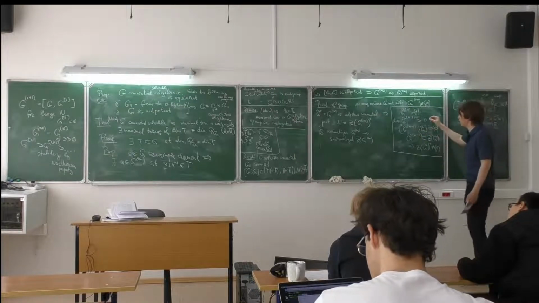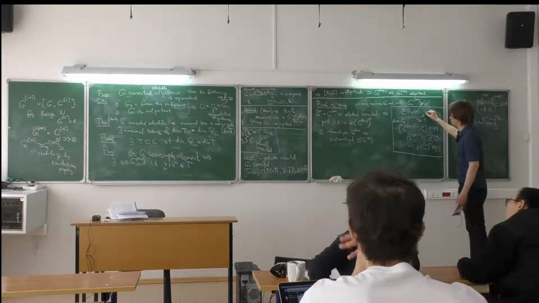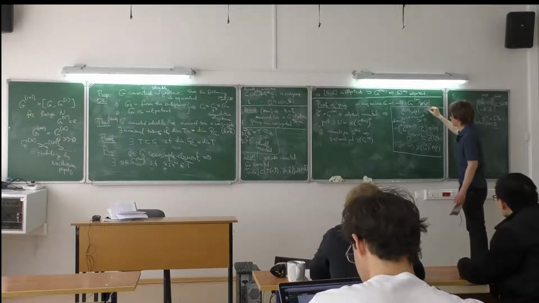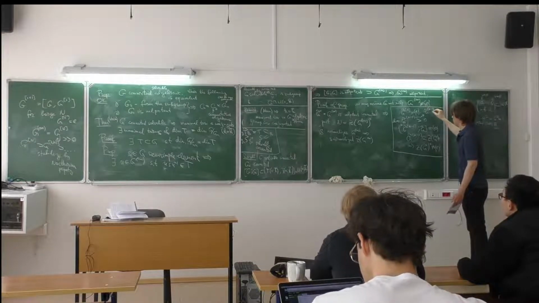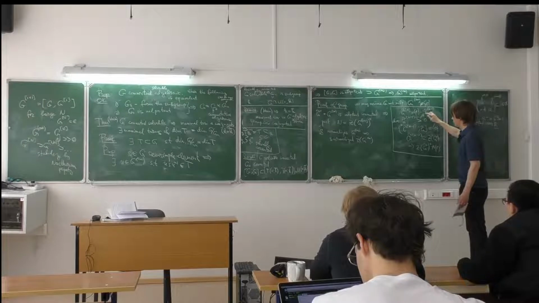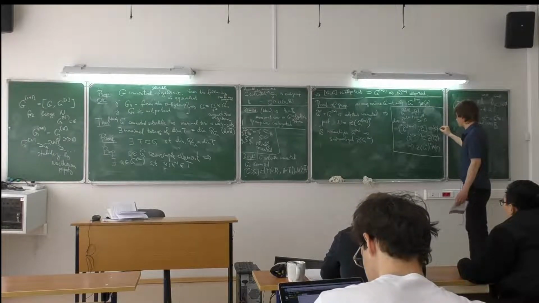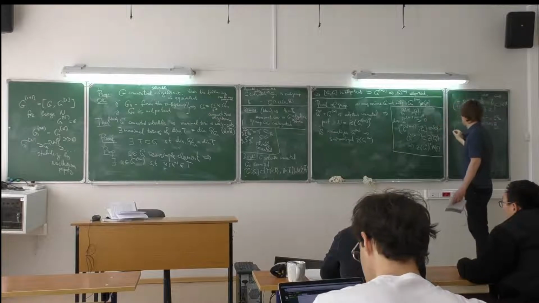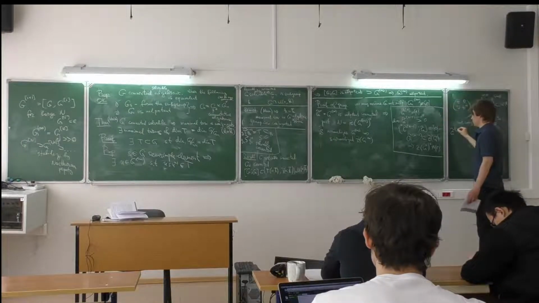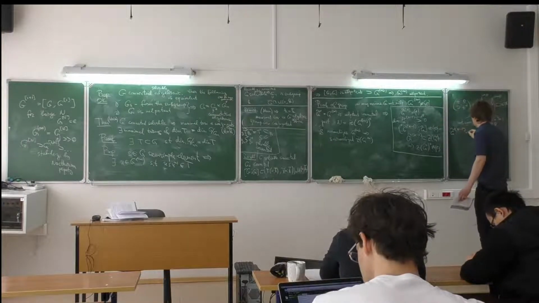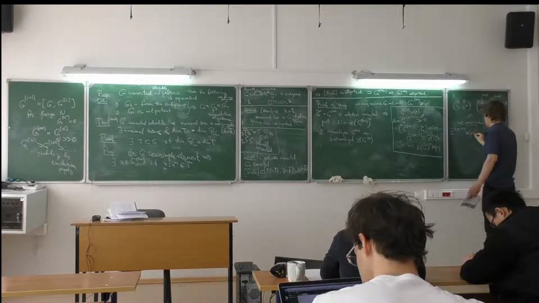So this implies, since I can write this, so if G tilde is not zero, so not identity, there are two options.